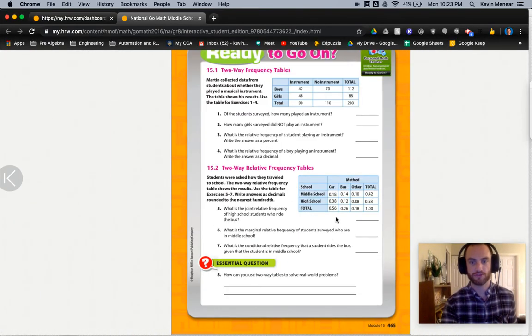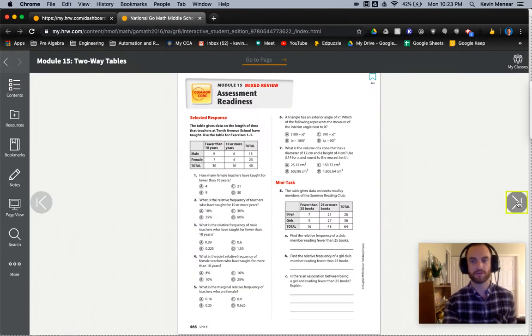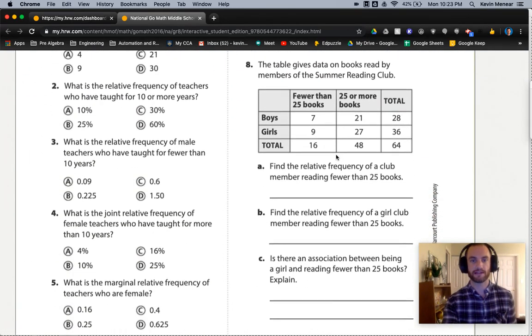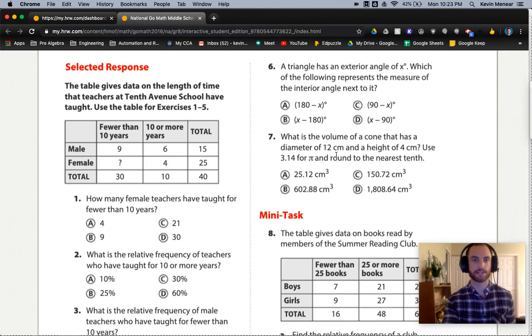How can you use two-way tables to solve real-world problems? I mean, there are so many. This is a wonderful way of presenting data that can lead to things being easily analyzed. And when you can analyze data easily, you can draw conclusions easily. If I gave you a book with a bunch of facts in it, and the facts were scattered throughout the book and all over the place, and some of them were related and some of them weren't, and they weren't really organized at all, it'd be hard to draw conclusions about the facts in that book.